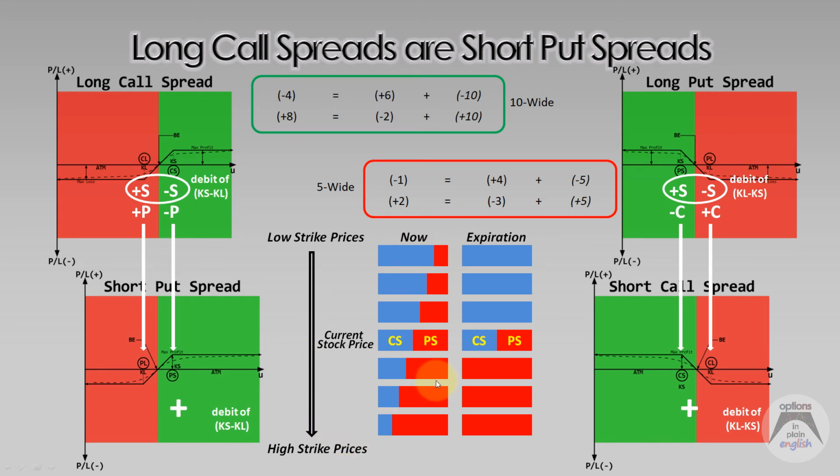Same if I want to go on a bearish trade, then instead of buying a put spread and letting it expand to max value, what I'm going to do is sell the call spread and let it go to zero, and maybe I don't even need to close it. That's how you would use this information.